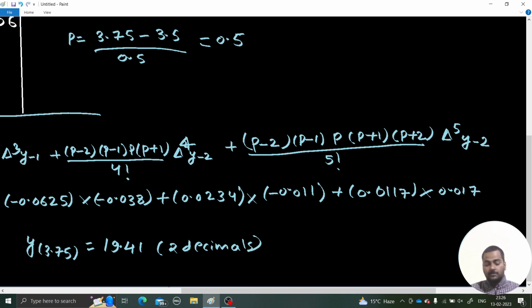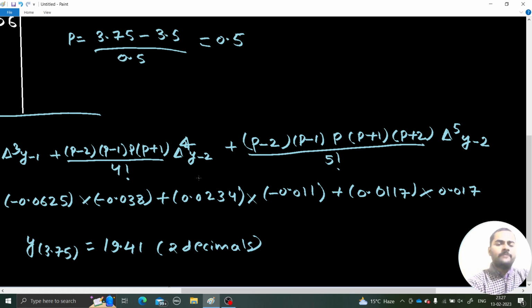In the textbook they have also given that if you calculate by Gauss backward, you have to take x naught as 4 and x is 3.75 as it is, then you will get the value 19.40726, and then you can calculate the error, which will come out to be 0.0022. That is completely your task to do if you want.